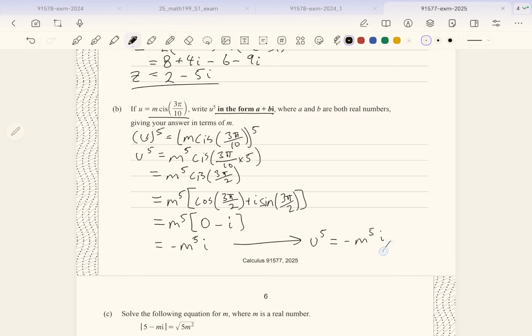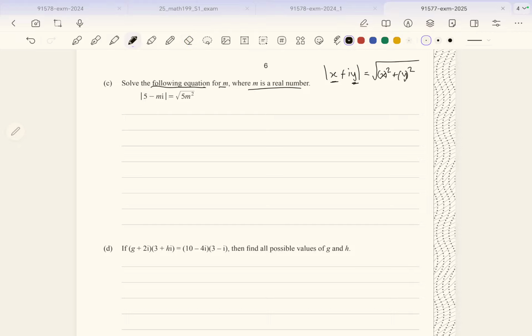And so what we will do is do the square root. So square root of 5 squared plus negative m squared is equal to the square root of 5m squared.